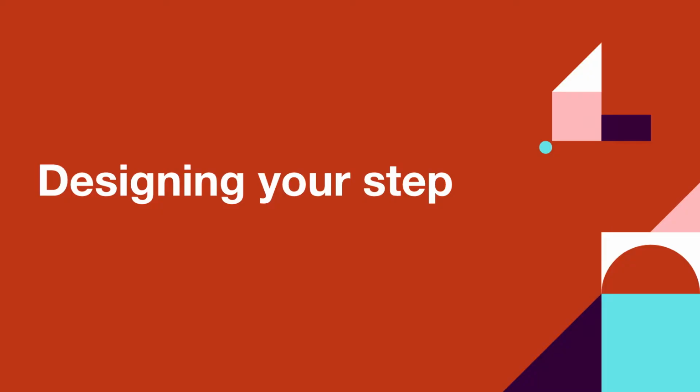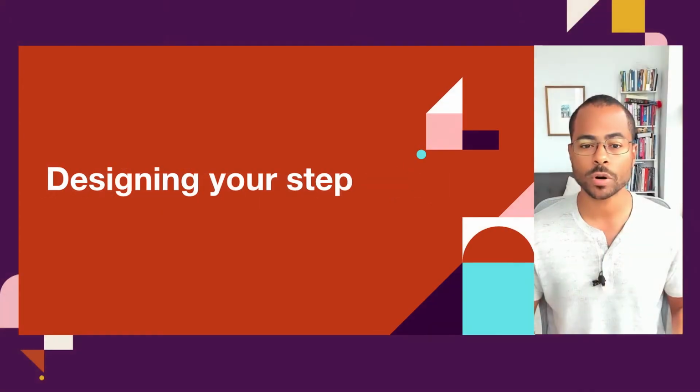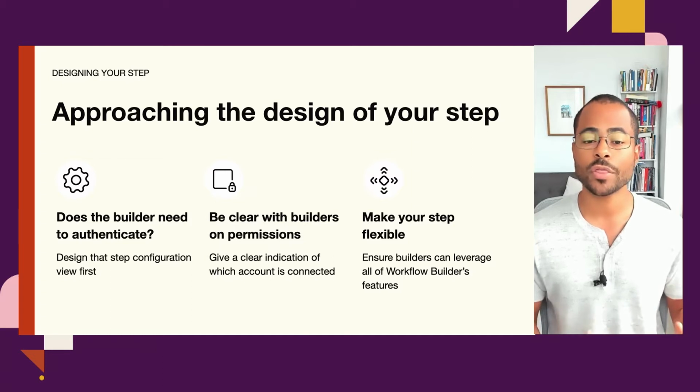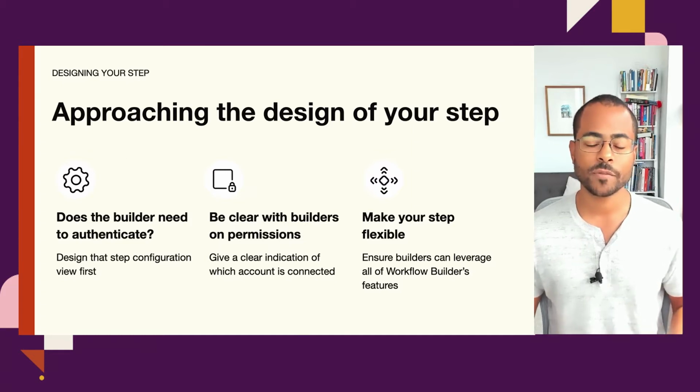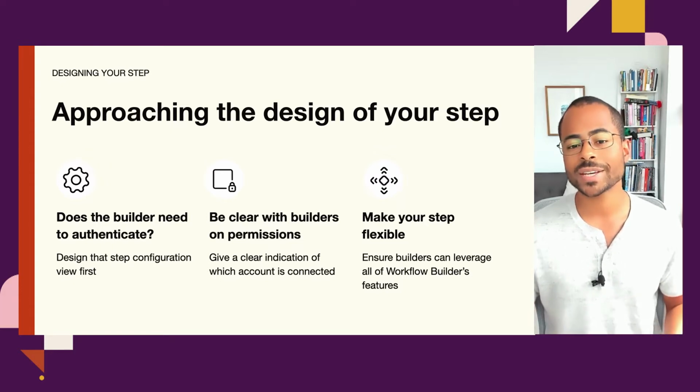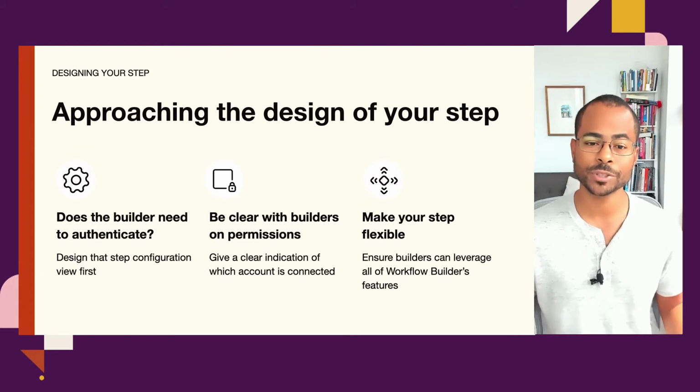So let's talk about what you will want to consider when designing a Workflow Builder step for your app. First, think about whether your step will need to authenticate a user account in a third-party service or system. If it does, start there. Configuring your step will start by authenticating an account and then returning to the builder.